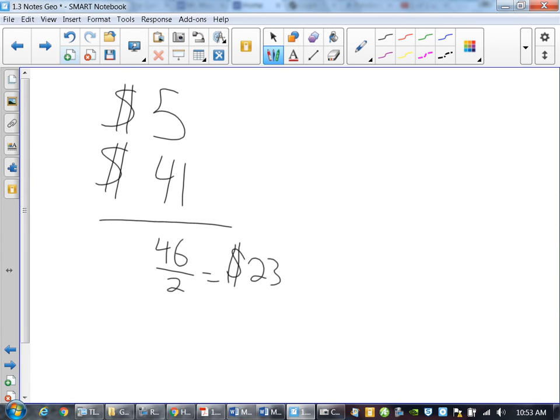Now, why I wanted to say it like that is because when you're dealing with midpoints as far as coordinates are concerned, all you're doing is that exact same thing twice. Because a coordinate has an x value and a y value. So if I have 2 points that connect a segment, wouldn't I have 2 x values and 2 y values?